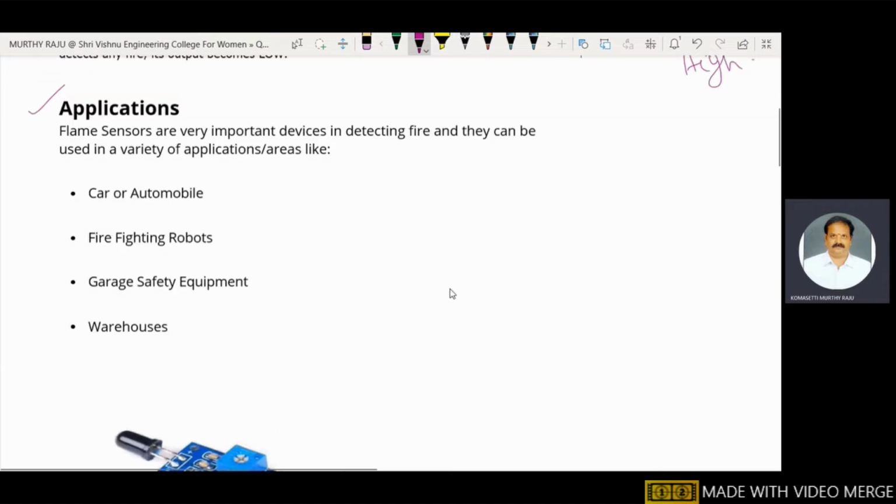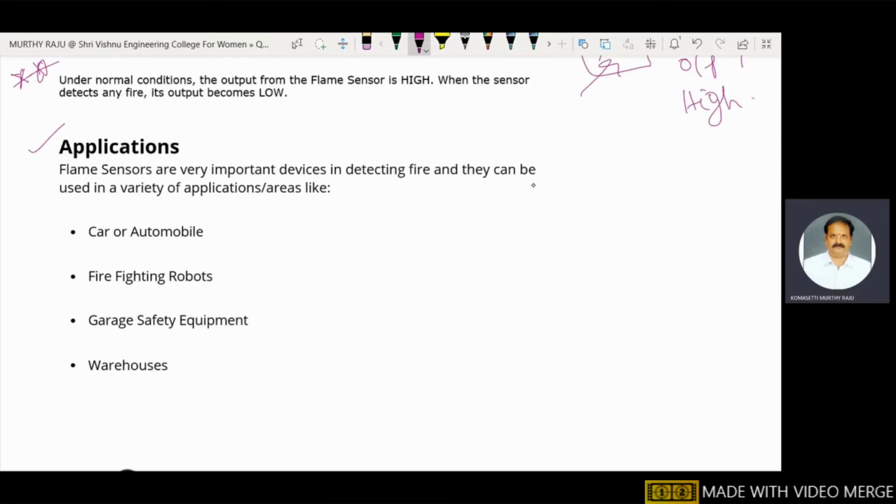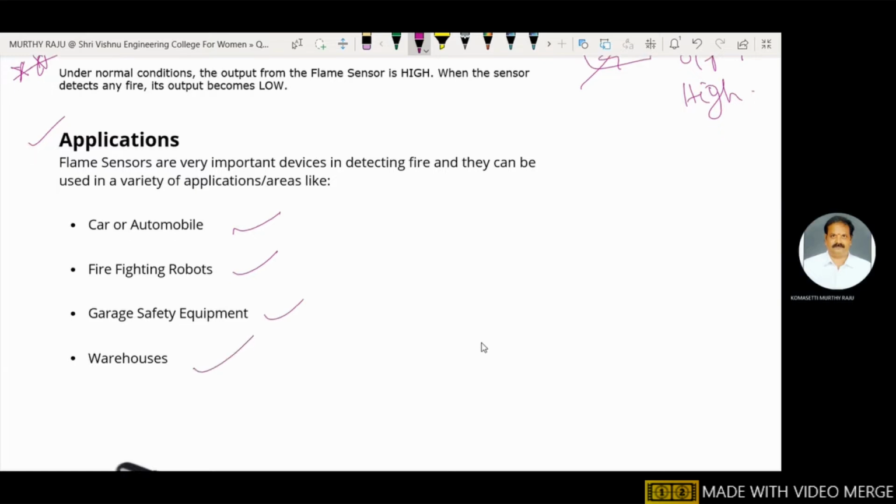Flame sensors are very important devices in detecting fire, and they can be used in a variety of applications like automobiles, firefighting robots, garage safety equipment, warehouses, cinema theaters. So many applications are there.